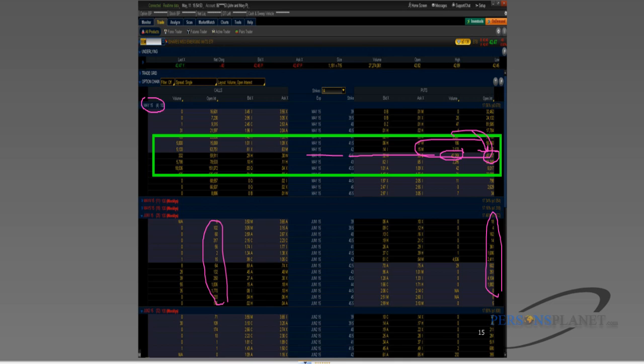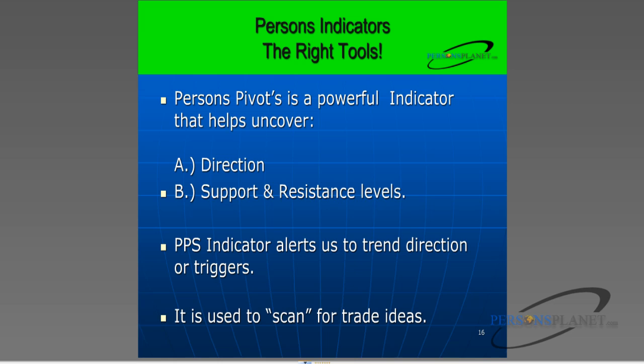So there is a neat way of looking for trades using the tools that we've pointed out. So where's Person's pivots in all of this? It is amazing.